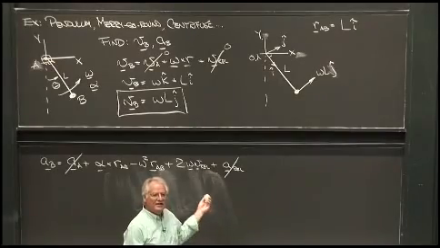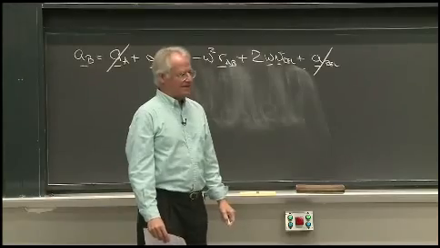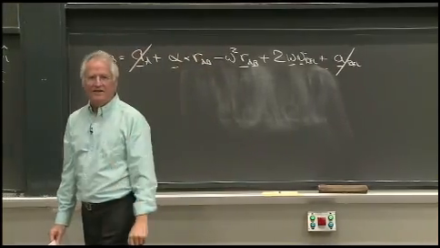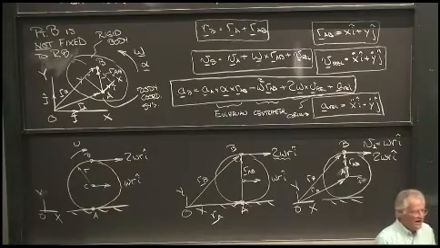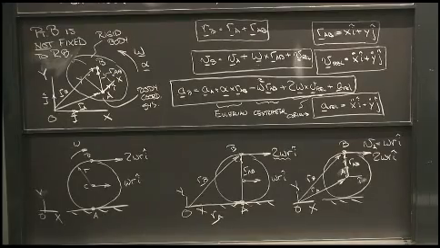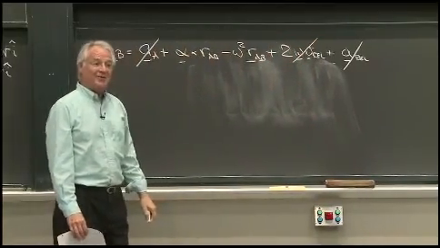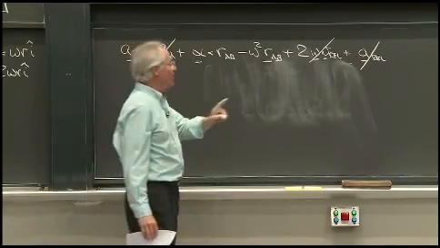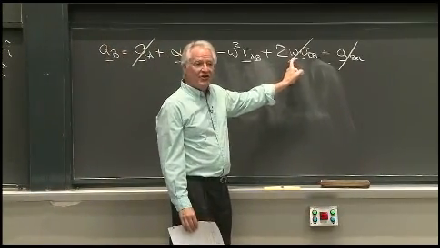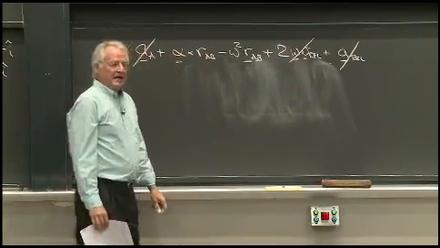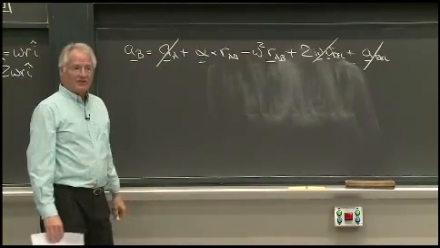Are we done? Danny hesitates a little there. Okay, Isabella? Very good. Isabella spots another economy. If V rel is 0, then so is this term. No Coriolis if the bug is not moving on the Frisbee.